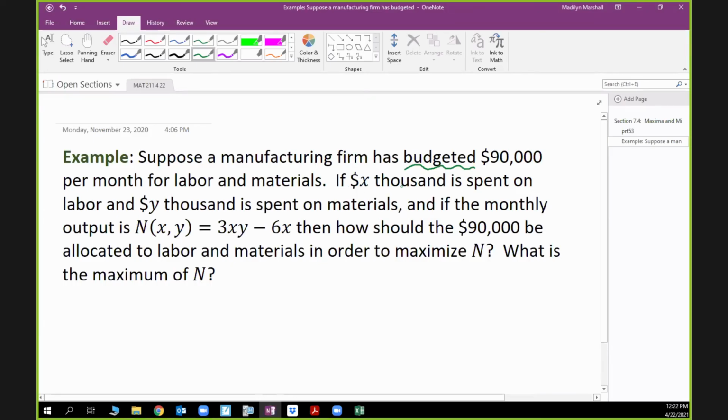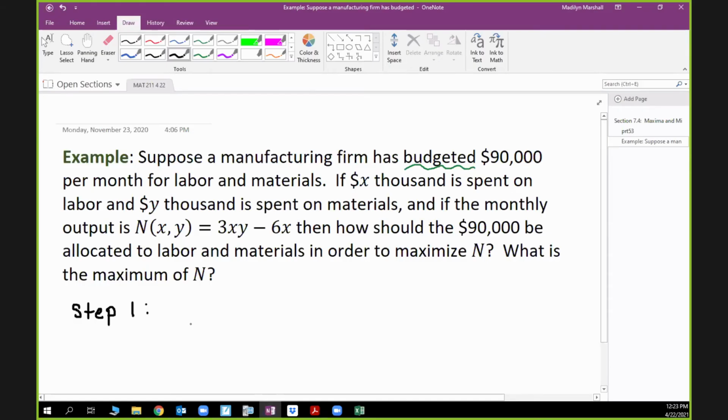If X thousand is spent on labor and Y thousand is spent on material, and the monthly output is this, so that's the n of xy, a function of x and y, then how should the $90,000 be allocated to labor and materials? So let's go through those same steps to start off with, and then I want to show the graph of what we're doing.